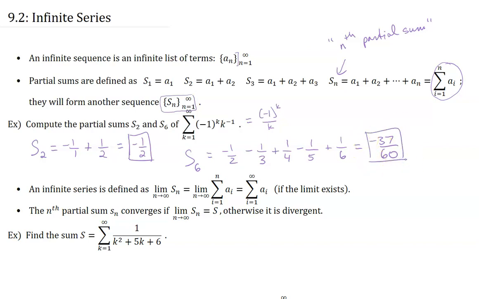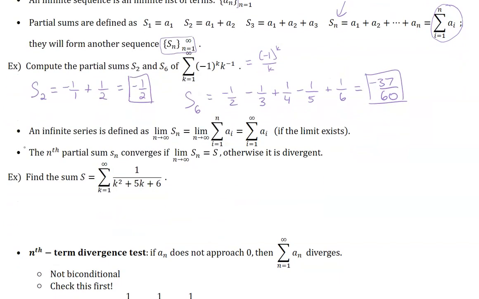Some more terms here. An infinite series is defined as the limit as n approaches infinity of the nth partial sum. Or in other words, the limit as n approaches infinity of the summation. These two things are the same. This one is written with proper limit notation.